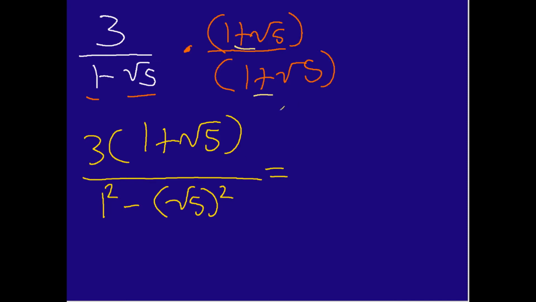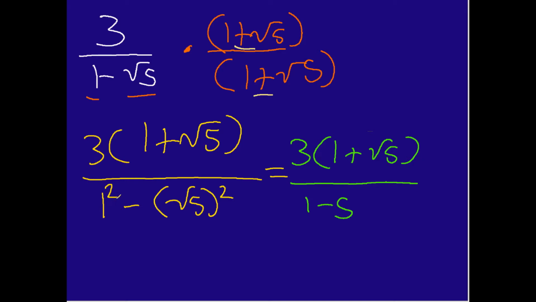We don't do anything to the numerator as we continue this journey. This is going to be 3 times 1 plus the square root of 5 as shown here. And then below we have 1 minus 5. That should not be surprising.